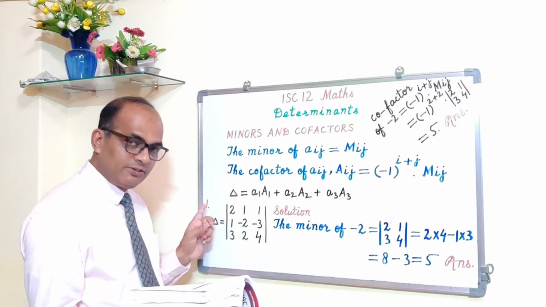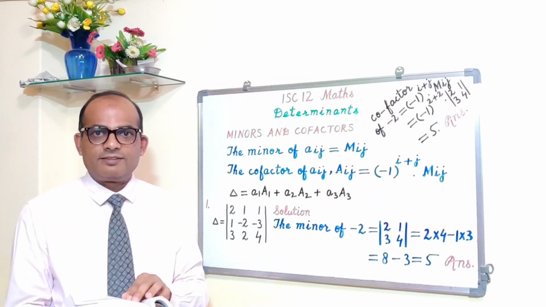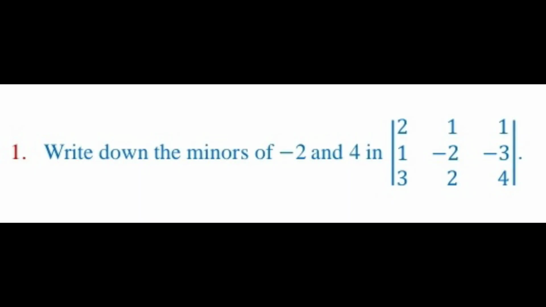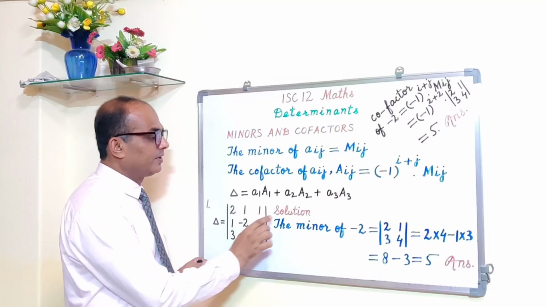This is our first question, which is the second question in the textbook, and the question is: write down the minors of -2 and 4 in the determinant 2, 1, 1, 1, -2, -3, 3, 2, 4. This is the question.